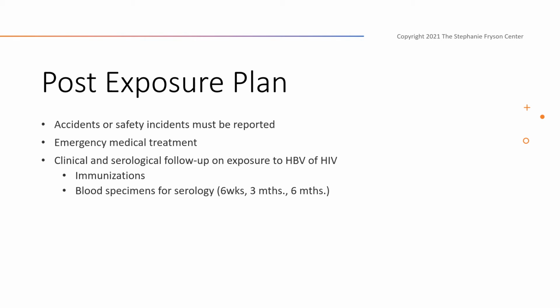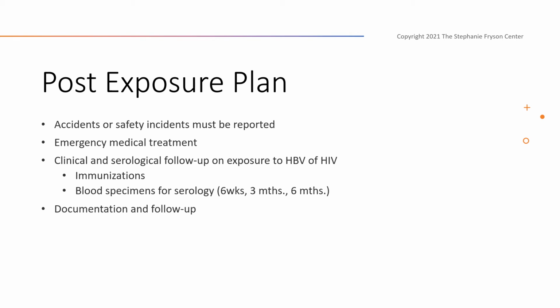That means that baseline tests will be done, so they will draw samples from you and find out if you currently have hepatitis B or HIV, and then they would do tests 6 weeks later, 3 months later, and 6 months later to make sure that you do not develop one of those disorders. And normally what happens in a laboratory is needle sticks of some sort, from drawing a patient, from contamination from an instrument, or sometimes broken glass happens, but mainly it's needle sticks.